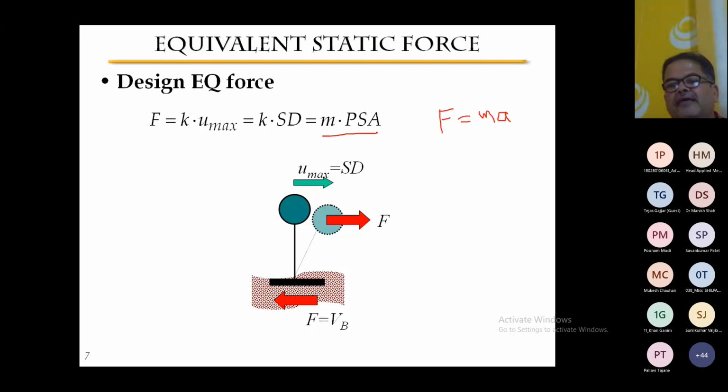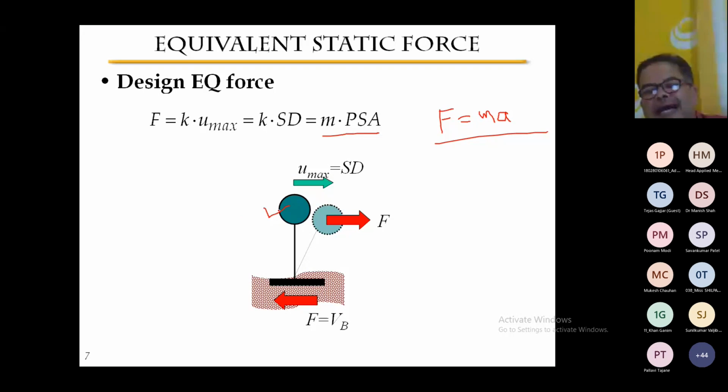So what we are doing here is the same thing. We know that there is a heavy mass located at this particular level, and when the shaking takes place, this mass will vibrate with a certain acceleration. And when it vibrates with the acceleration, then this mass into acceleration is the inertia force, which is produced at the floor level, right?